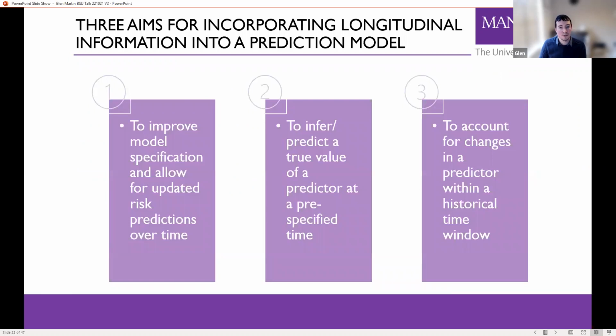And what Lucy found through that review is that there were essentially three main reasons or analytical aims of why you would want to incorporate longitudinal data into a prediction model.